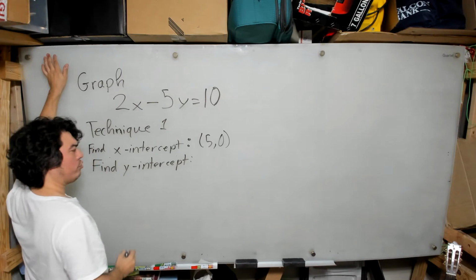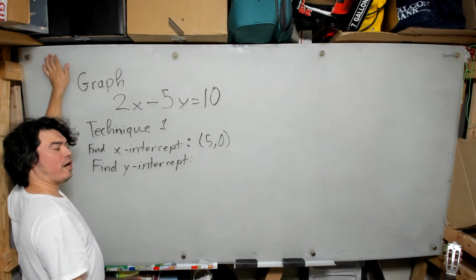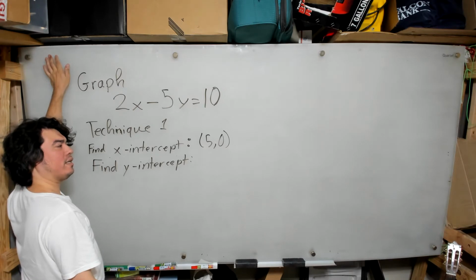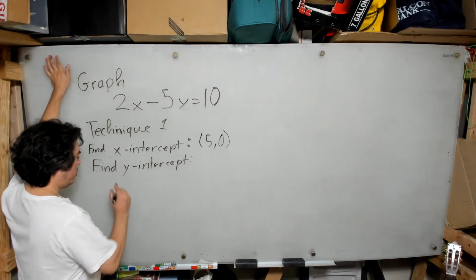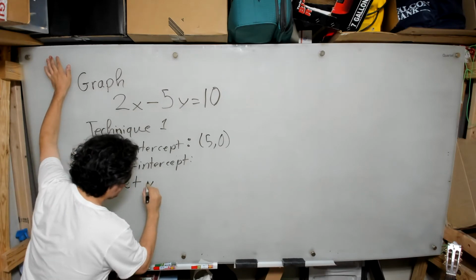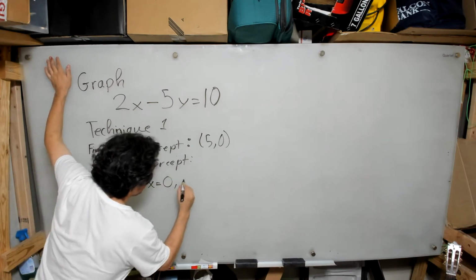In order to do so, what do we know about every point on the y-axis? Every point on the y-axis has x coordinate 0. So to find the y-intercept of a function, I set x equal to 0, and I solve for y.